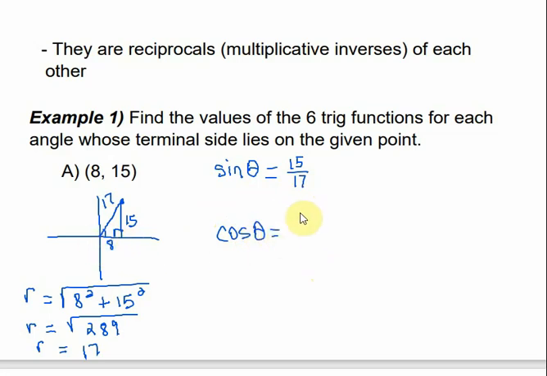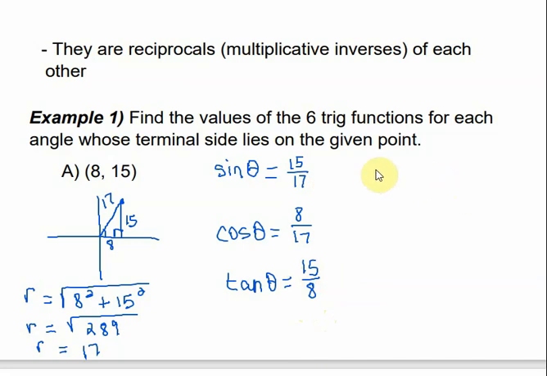So my x value is 8 and r is 17. And then tangent of theta is y over x. So that would be 15 over 8. And of course, if our fractions can be simplified or reduced, we want to do that.